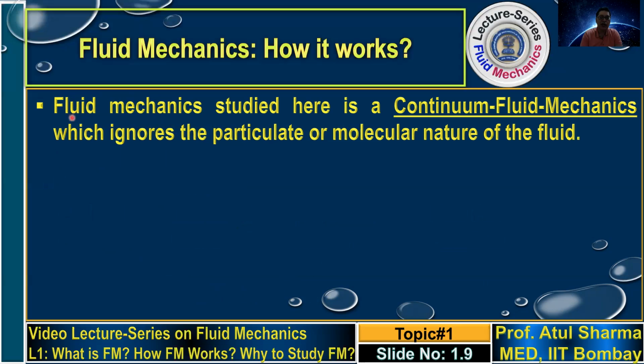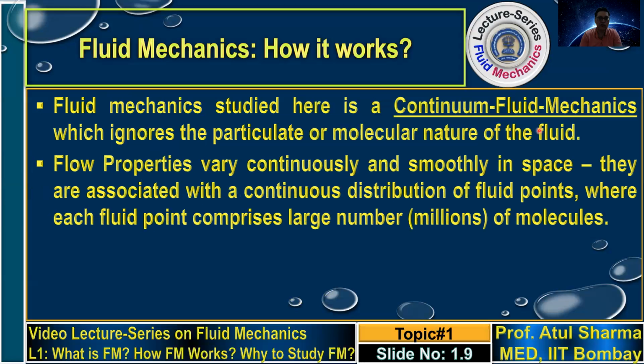As I mentioned earlier, the fluid mechanics that we are studying here is continuum fluid mechanics, which ignores the particulate or molecular nature of the fluid. In a continuum approximation, we consider that fluid properties vary continuously and smoothly in space.